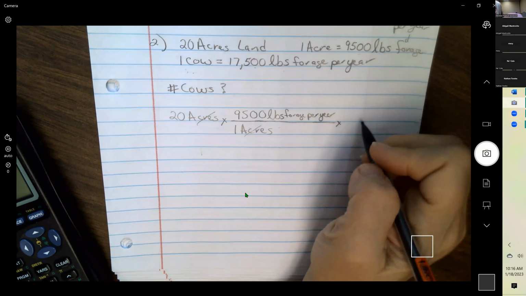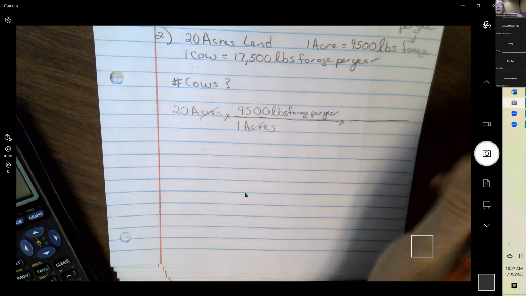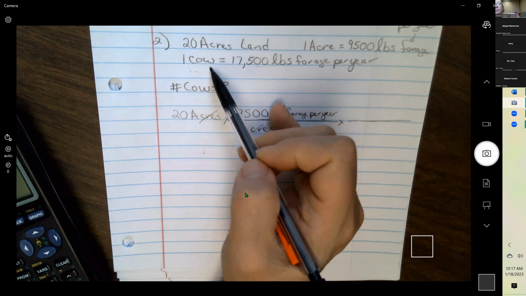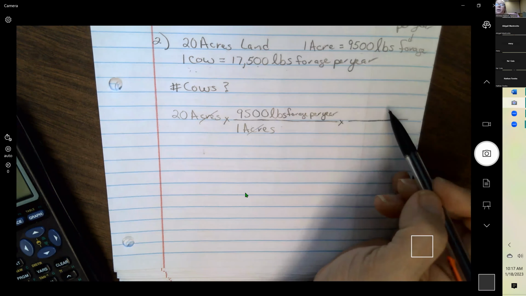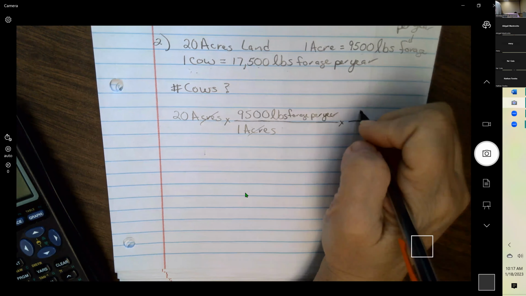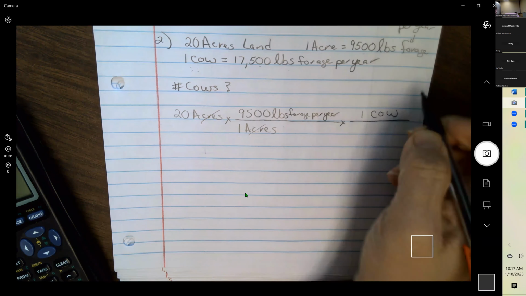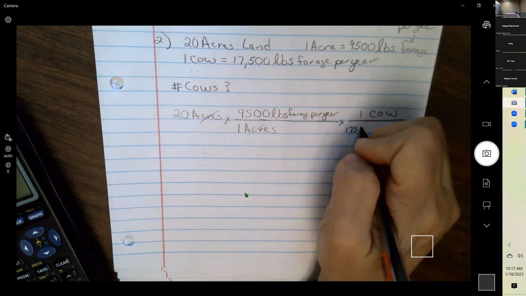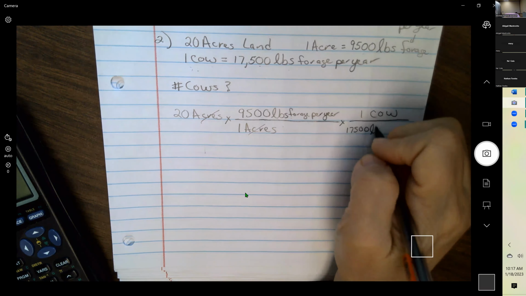So we can use that as our next proportion, but we have to decide which one goes in the bottom and which one goes on the top. So would we put cows or forage on the top? Cows. We want to put the cow on the top because we want this to cancel with the 17,500 pounds.